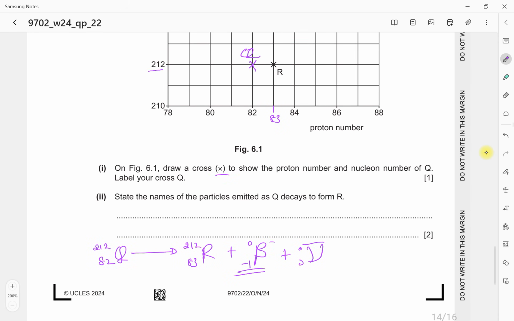So the names of the particles emitted are the beta minus, or you can just call it the electron, and the electron antineutrino. Let me write the spelling of the word neutrino very well.